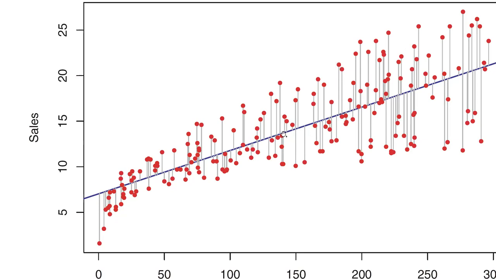And since, I think, it's red minus blue, it will sometimes be positive, sometimes negative, just because the blue line isn't always below the red data. And this is why we square, so that each distance is non-negative. Sometimes the distance will be 0.